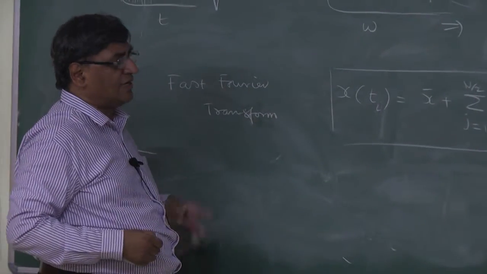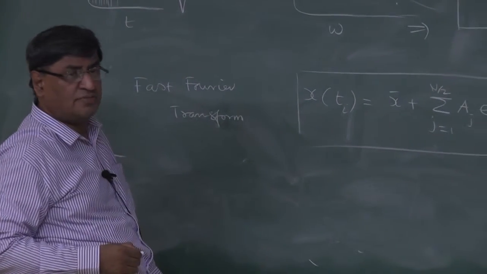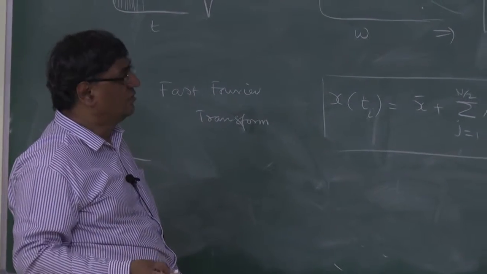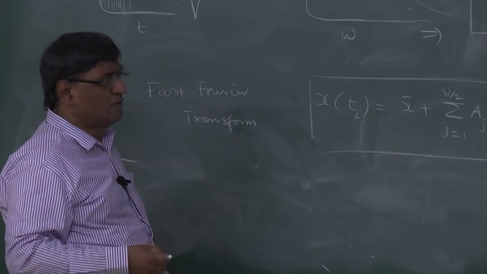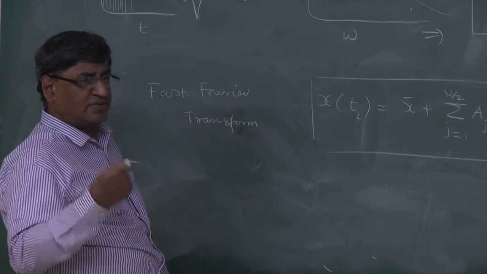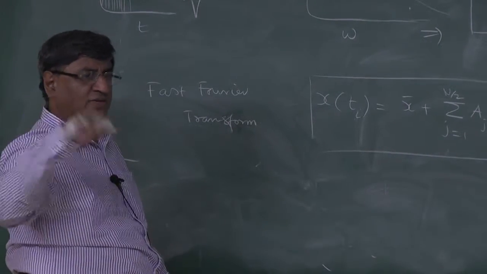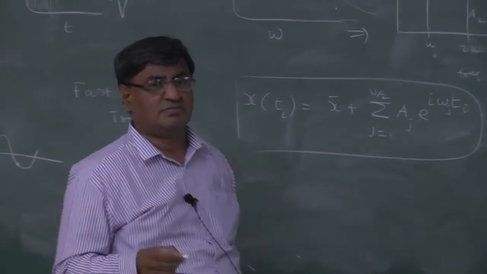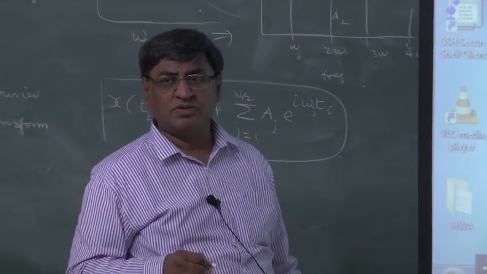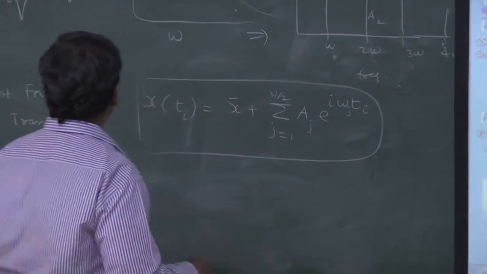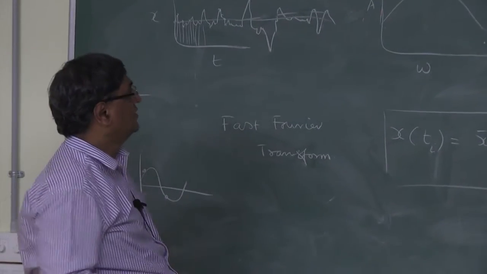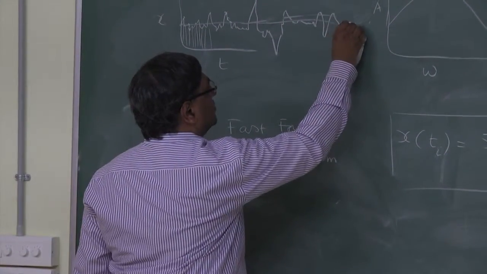So the main requirement for the fast Fourier transform is that your number of data points must be a power of 2, for example 2 power 8, 2 power 16, 2 power 32, 2 power whatever. But that is a serious restriction sometimes. Fortunately, if n is not a power of 2, you can add any number of zeros.